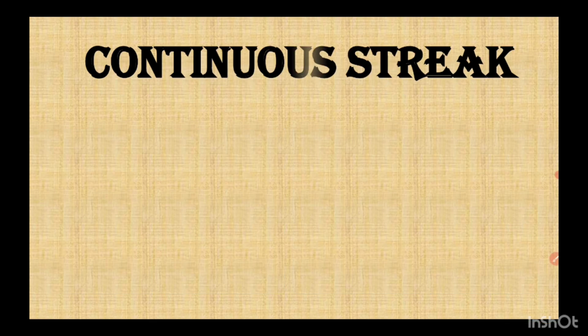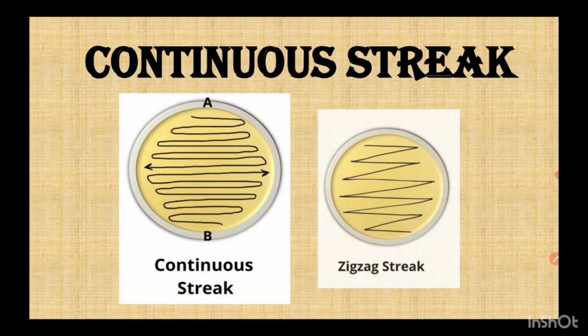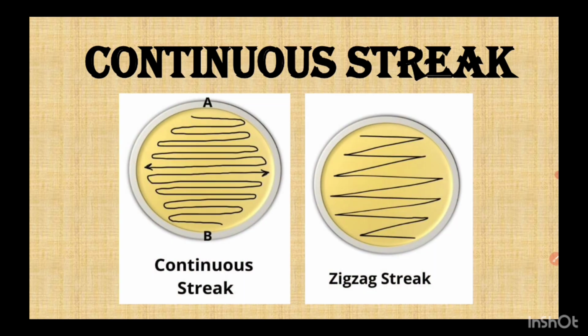Understood? So our next method is continuous streaking. In continuous streaking, the sample is spread across the whole plate, either in a zigzag way or a continuous streak. But the thing is, here we are not lifting the loop once again. In the quadrant streak, each time we were sterilizing the loop, but in continuous streak we should not sterilize the loop.